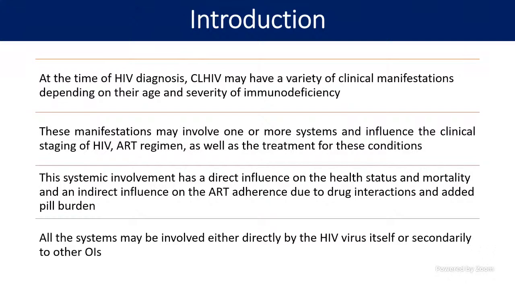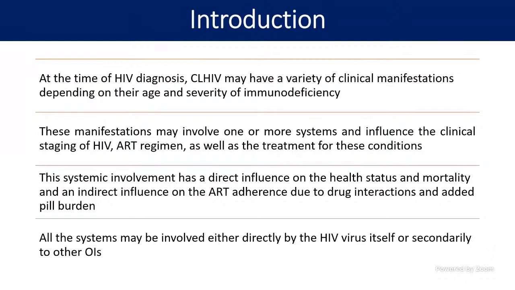The system which is involved will have a direct influence on the health status, and it will indirectly indicate the mortality also, and it will give us a clue whether the patient was adherent to the ART, because we see often that adherence to ART drugs in children is really problematic, and that is the cause for sometimes them going into failure because of drug resistance.